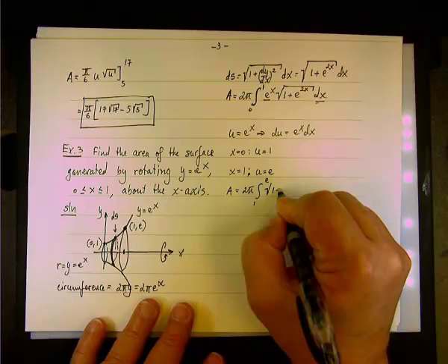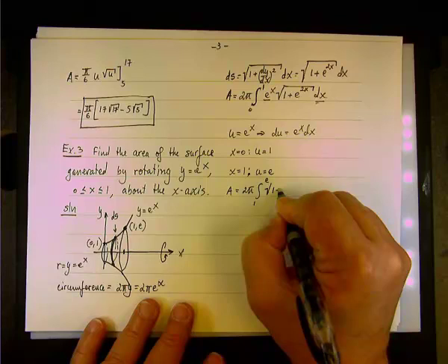So the square root of this is the square root of secant squared, or simply secant theta. At this point, I'm not going to mess with 1 and e, because we're going to substitute back to u. So I'll say we have theta 1 and theta 2 here, which we don't need to determine.